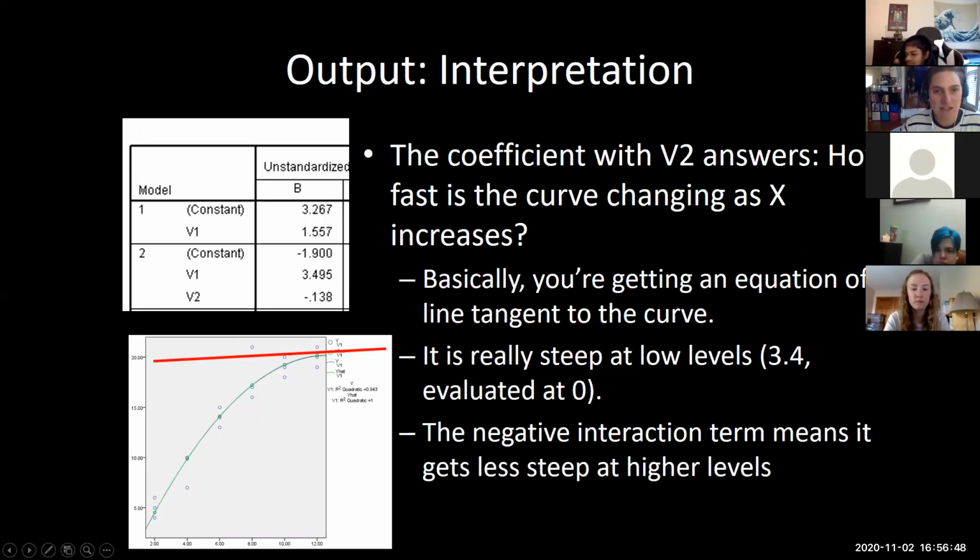And you can think about it like an interaction because you would talk about it just like any other interaction. The relationship between x and y depends on x. That's why it's an interaction with itself. Before we've said the relation between x and y depends on another x variable, like an x2. Here, it's just itself.